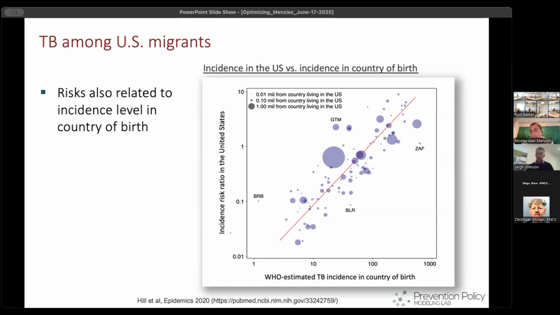And in the United States are also found to have high TB incidence rates. And one can start to tell stories about some of these countries that are further away from the diagonal. But essentially the model fits in terms of thinking about a mechanistic relationship between exposure before entry to the US and TB rates inside the US.